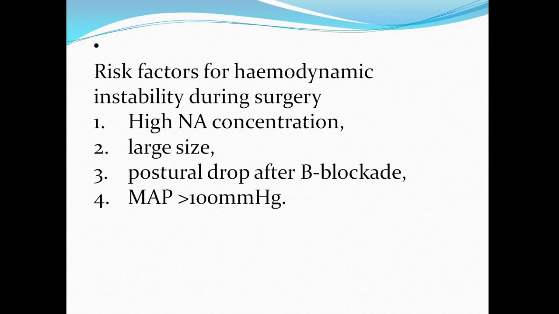And if the pre-op adrenaline, noradrenaline concentration is high, and there is a significant postural drop after beta blockade, such patients should be carefully operated. And if the mean arterial pressure exceeds 100 millimeters of mercury.